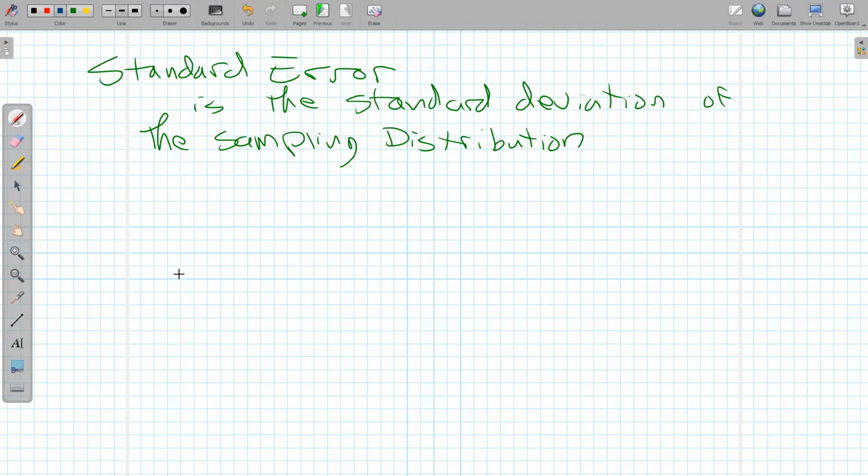All right, so next, how is this related to the margin of error? And that relates to the 95% rule, which was also known as the 2 standard deviation rule.